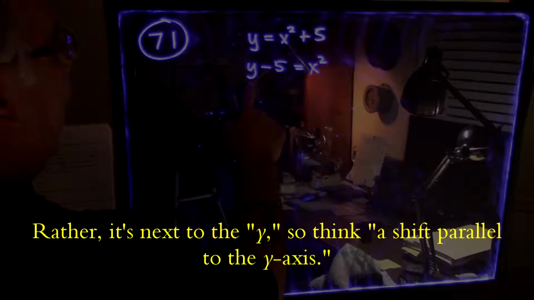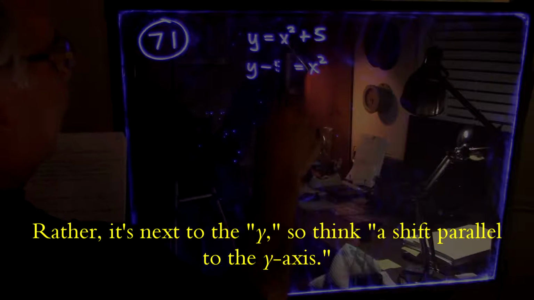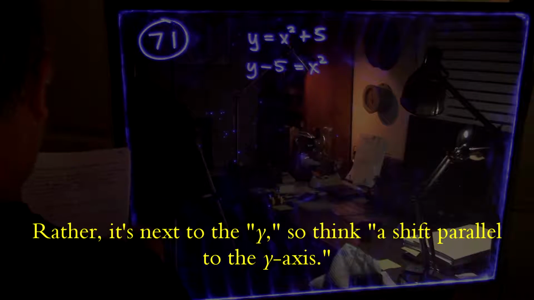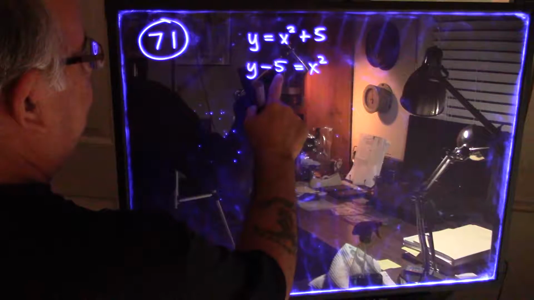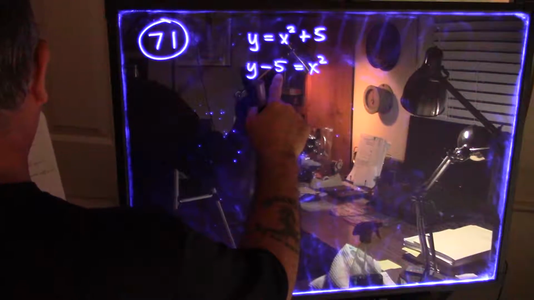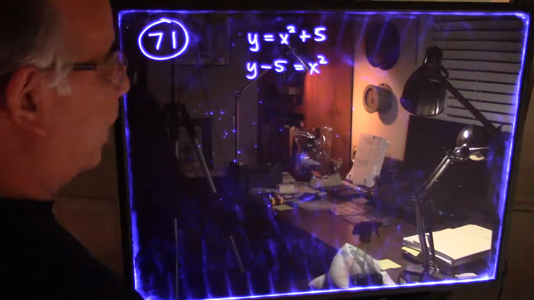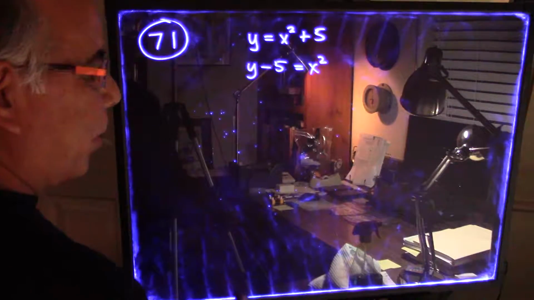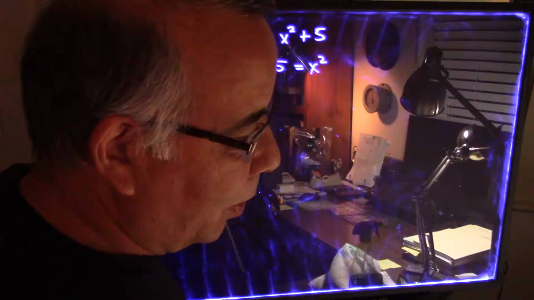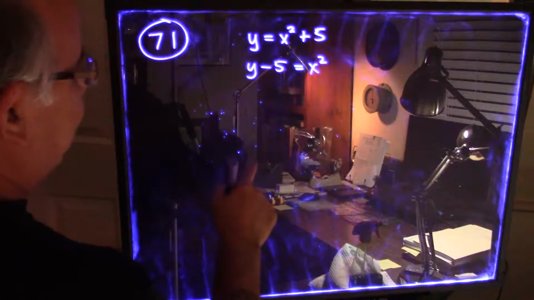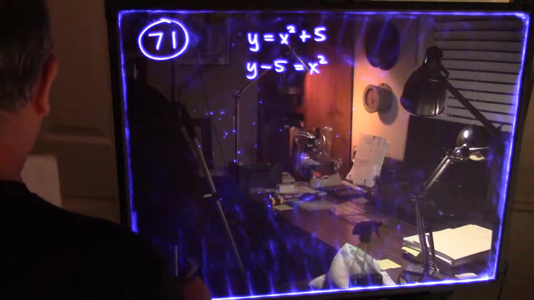It's next to the y-axis, think vertical axis. So vertical shift, and it's going to shift upwards by 5 units. What's going to shift upwards? Y equals x squared, which has a vertex at 0, 0, and you shift it up 5 units.